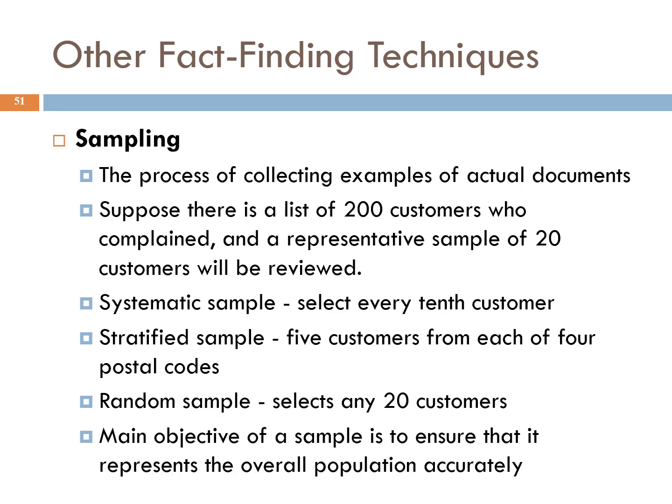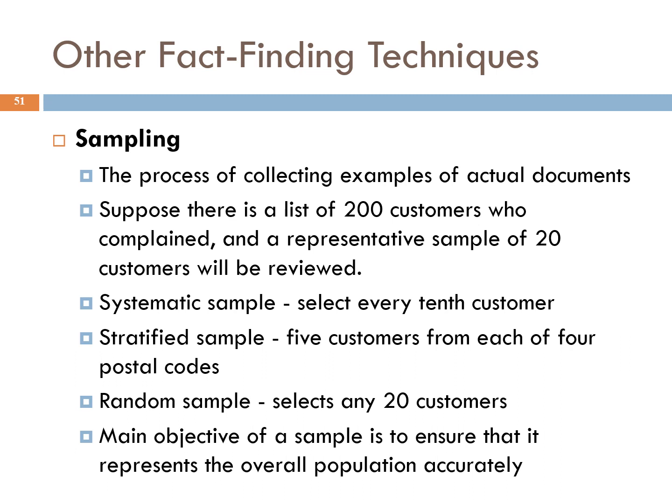Sampling is the process of collecting examples of actual documents. Suppose you have a list of 200 customers, so you want to take 20 samples. There are various types of sampling methods: systematic sampling, stratified sample, and random sample.